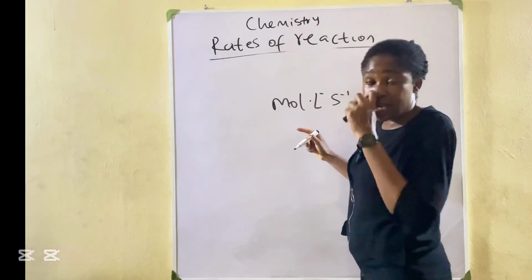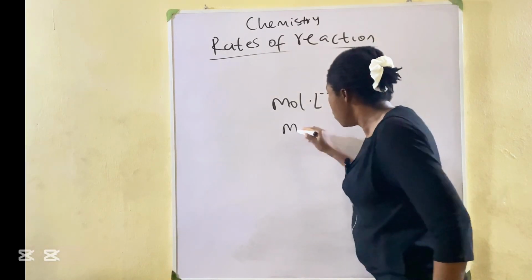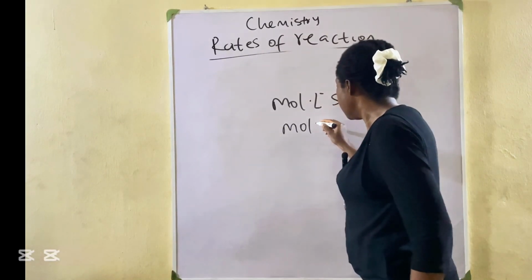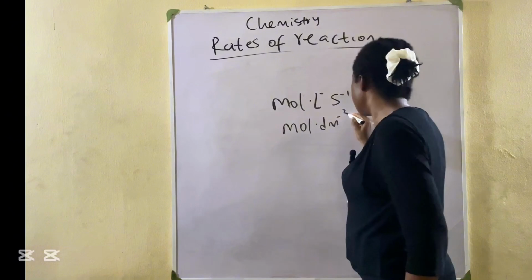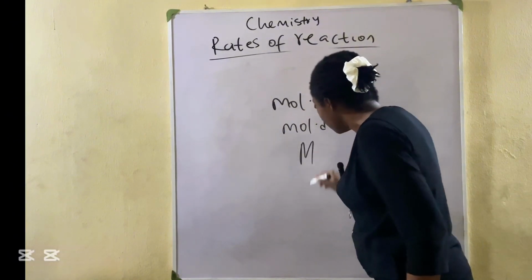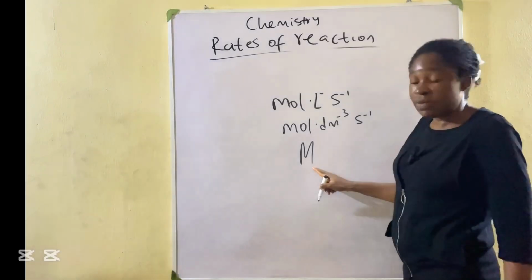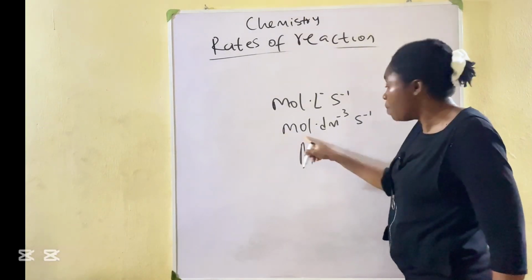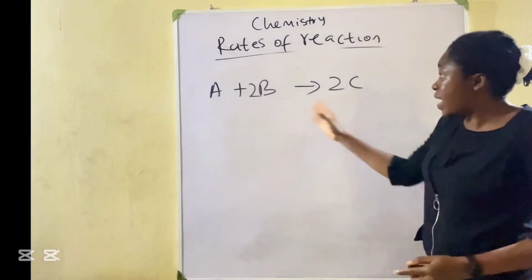Liter is represented as dm³, so mole per dm³ per second. Remember, capital M represents mole per dm³.